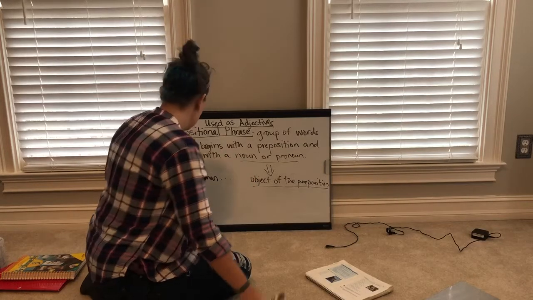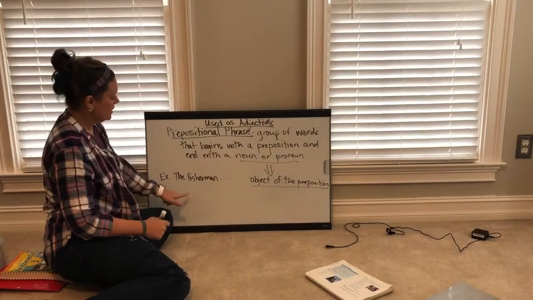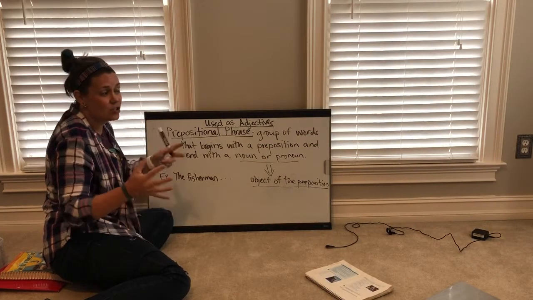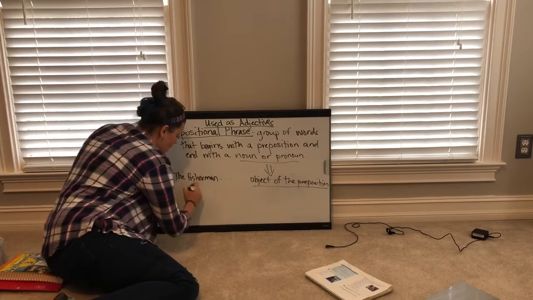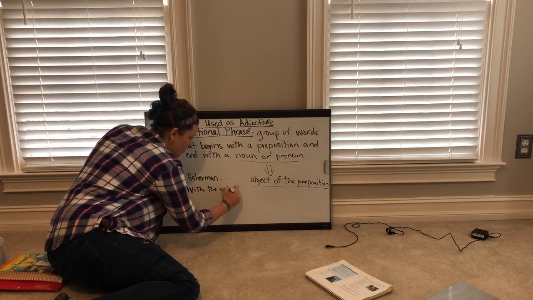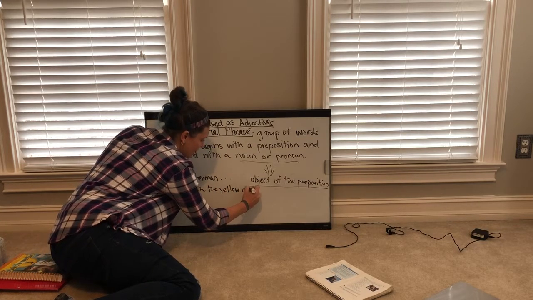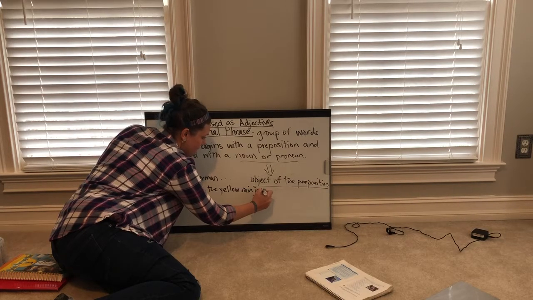What do I mean by that? Let's look at this first example. If I started my sentence with something like the fisherman, I can describe him with a prepositional phrase like this: the fisherman with the yellow rain jacket. If I can spell correctly.